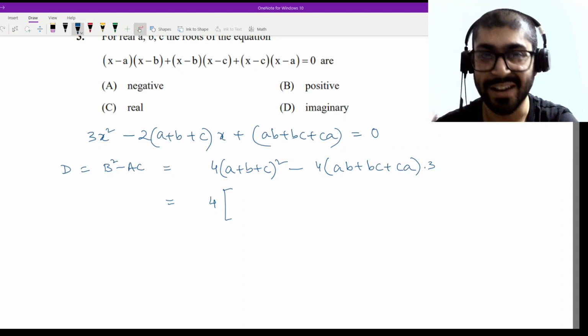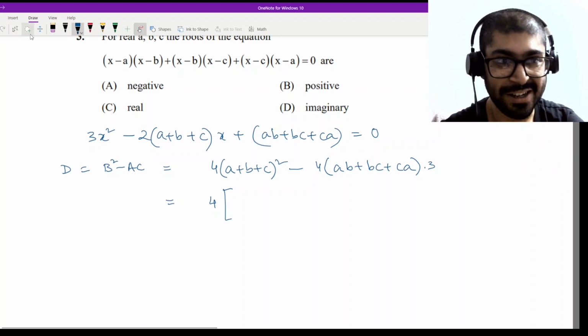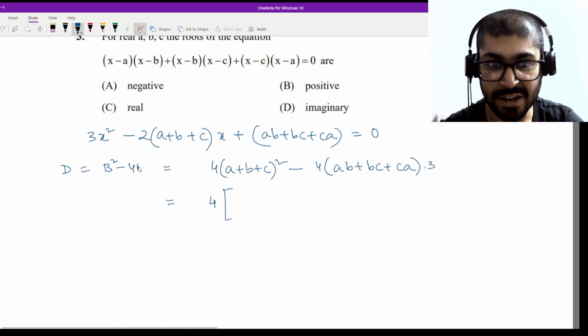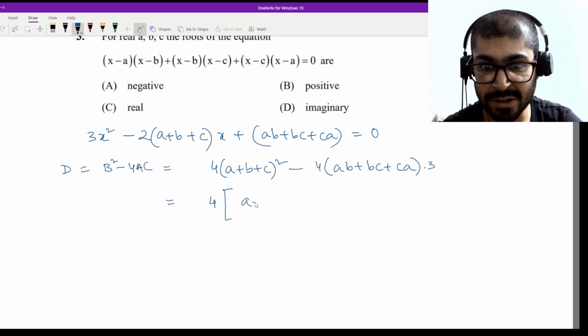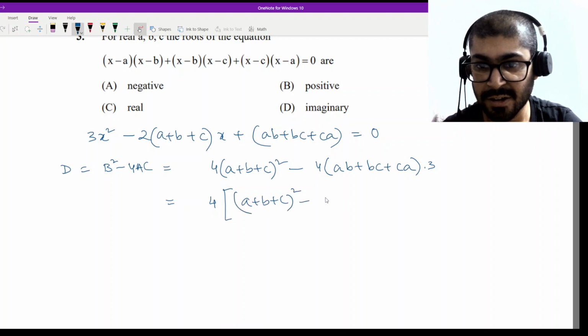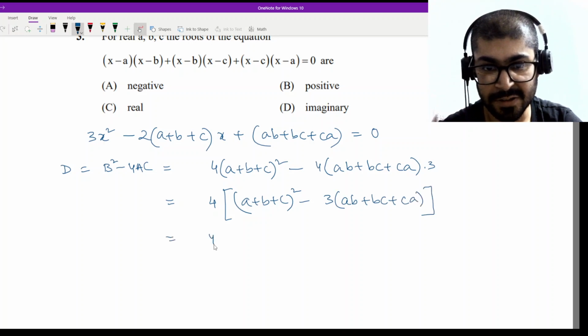B square minus 4AC, and I've also made a mistake here because I've just written AC here, so it will be 4AC, right? Now I can take 4 common, and I'll end up with (a plus b plus c) whole square minus 3 into (ab plus bc plus ca), right? So let us solve this again, a bit of algebra.